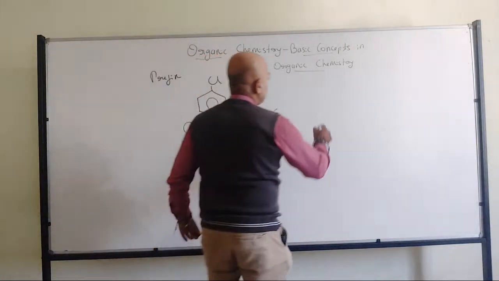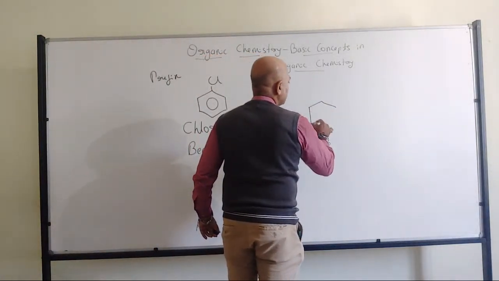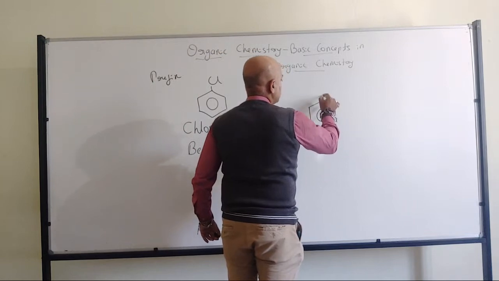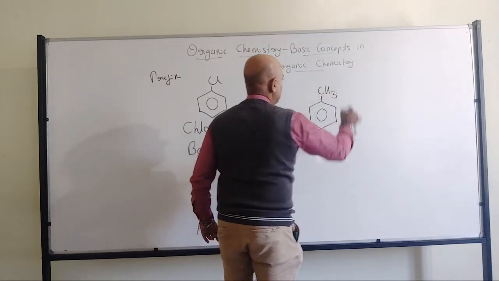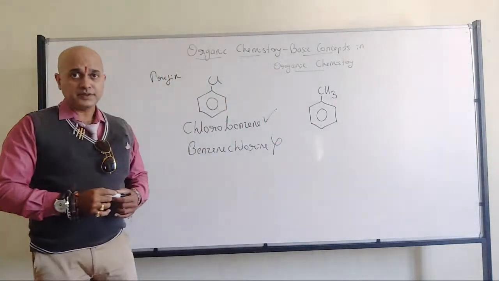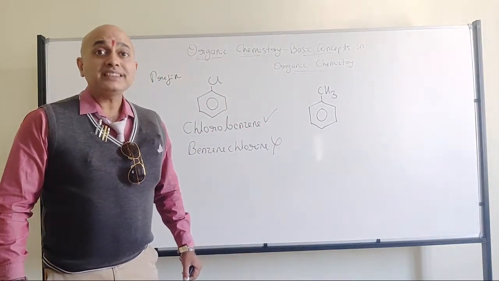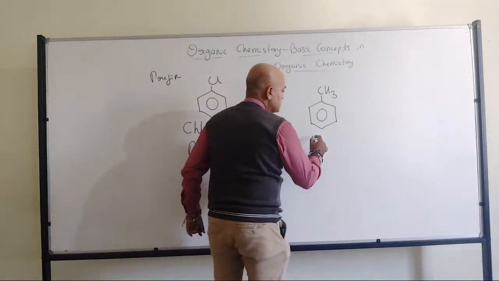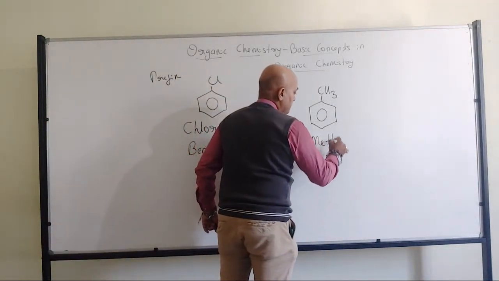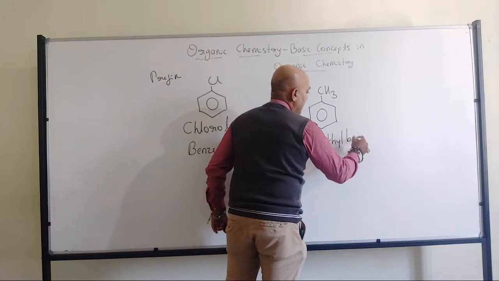Same way, I am taking simple examples. We have CH3, methyl group, which is attached. Now methyl benzene, the common name is toluene, that is different, but we can call it methyl benzene.